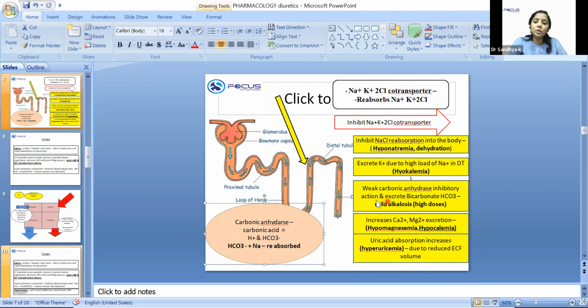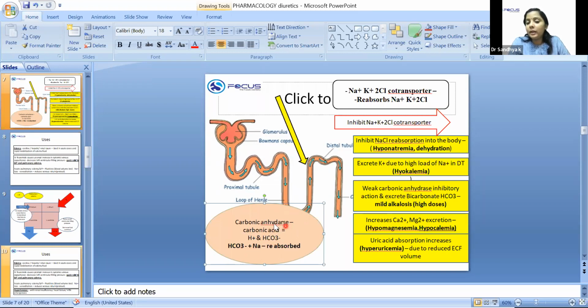Another action is that it inhibits the carbonic anhydrase enzyme. What is the function of carbonic anhydrase enzyme? It breaks down carbonic acid into H plus and HCO3 minus, and this bicarbonate is reabsorbed back into the body.